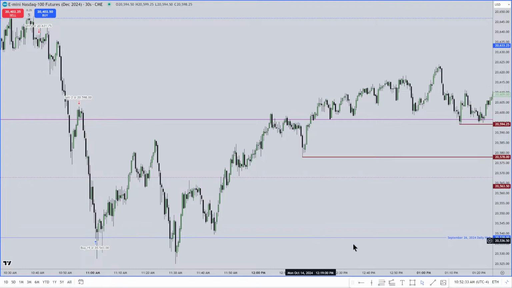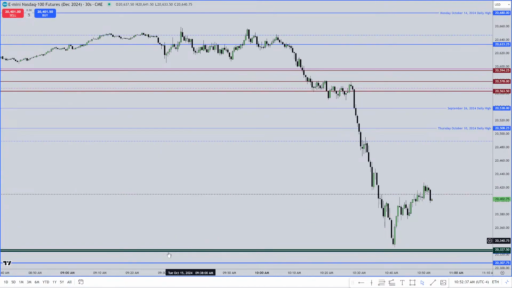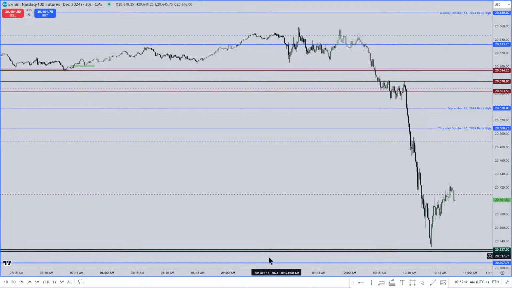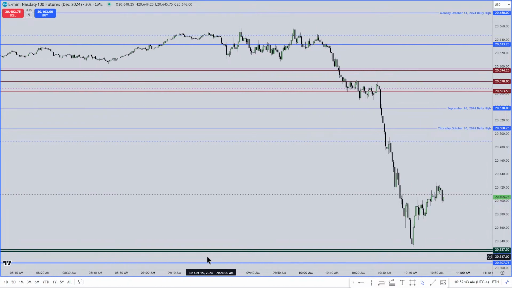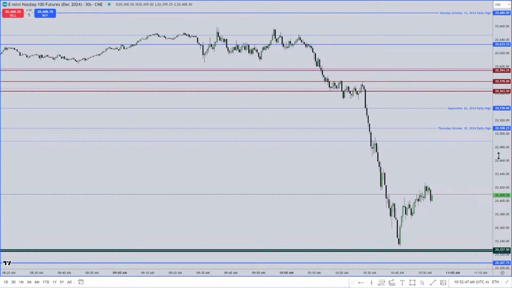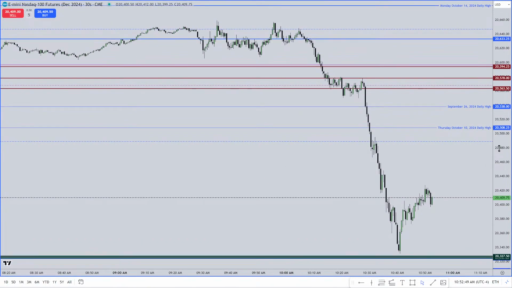So let's take this back over here. And I think that's going to be it for today. This is a first presented fair value gap from last week.